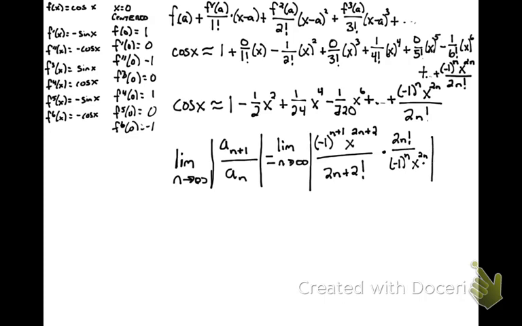This can be simplified so that our limit as n goes to infinity would be equal to negative 1 times x squared over 2n plus 1 times 2n plus 2.